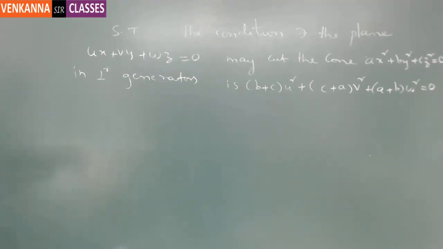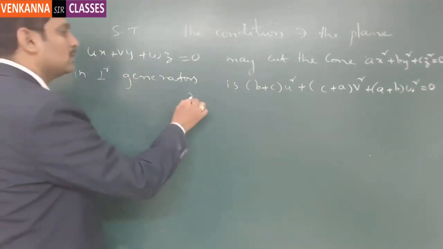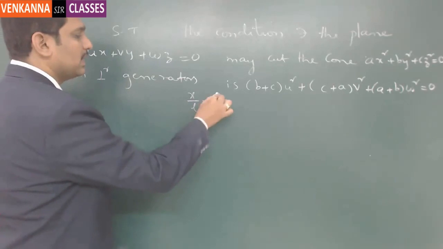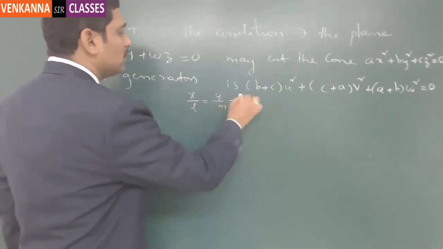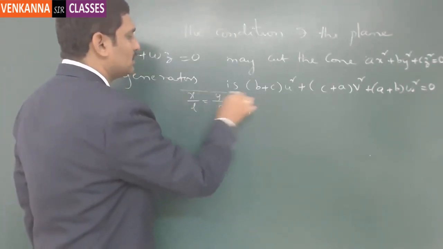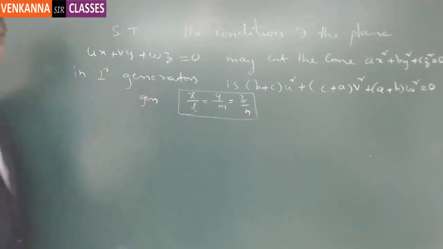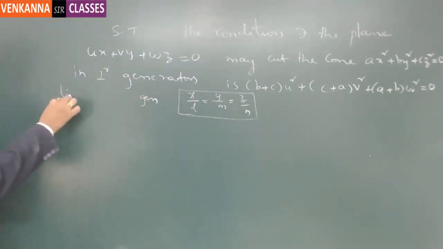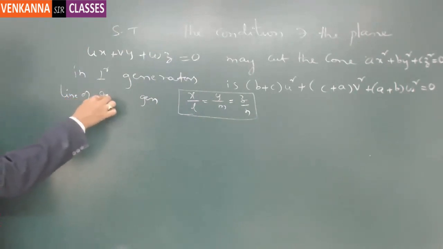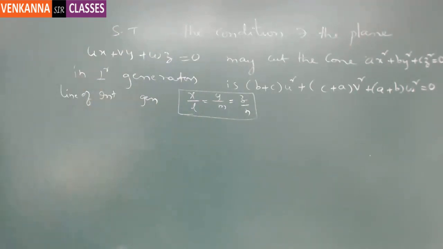So let us do the same procedure as per the previous one. Let us take that x by L is equal to y by M is equal to z by N is the generator and also the line of intersection for the cone.